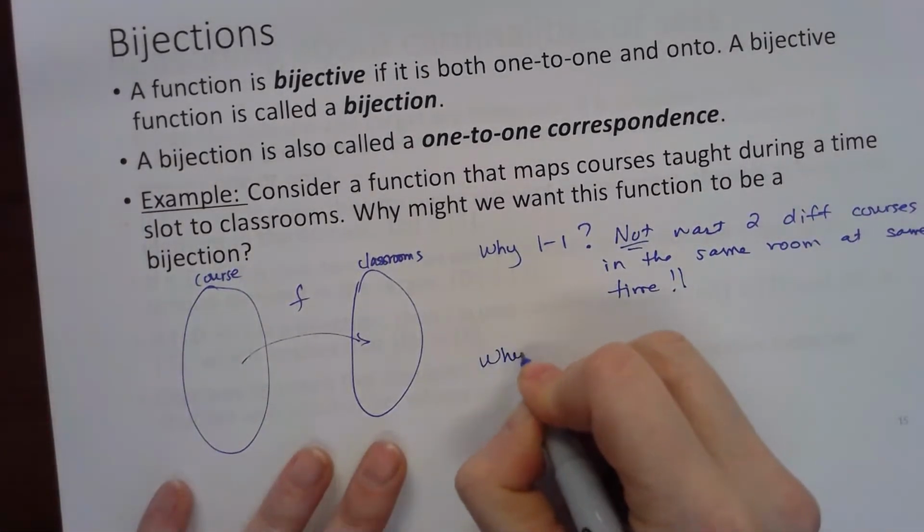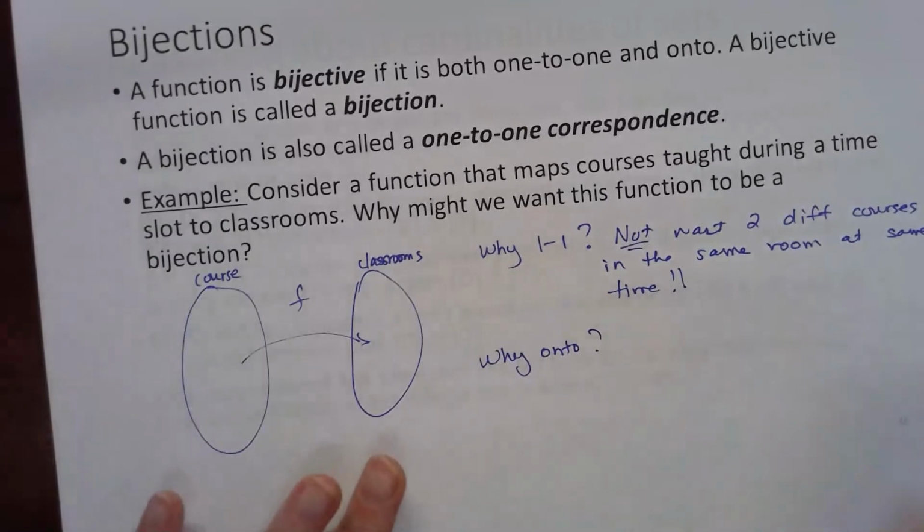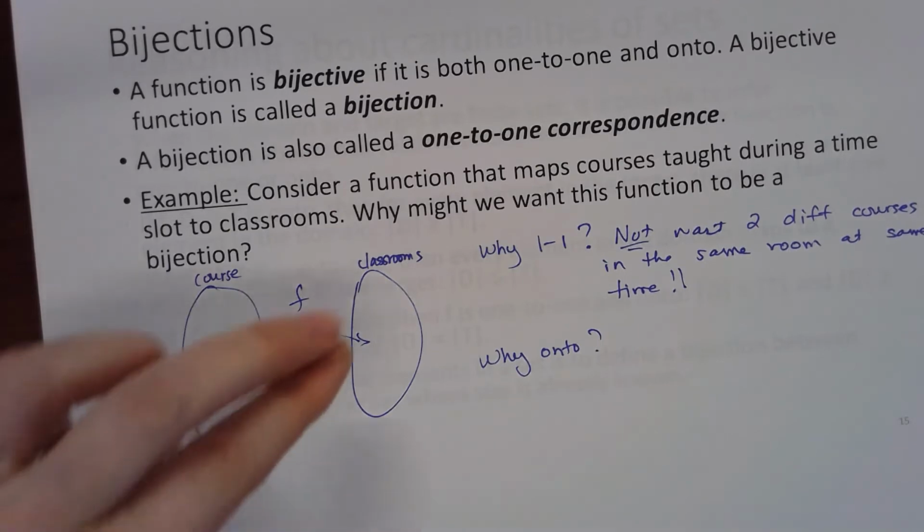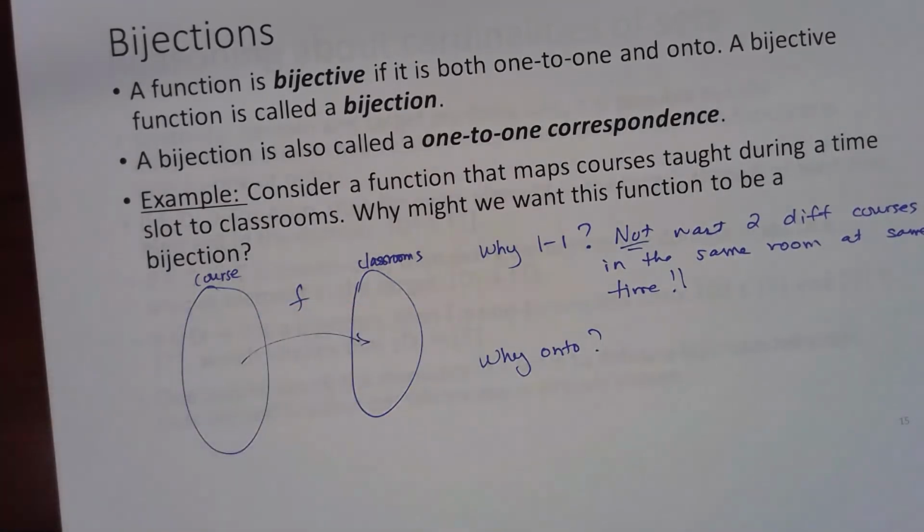Okay, and then why would we want it to be onto? Yeah, so we would like all of the classrooms to be used. Otherwise, it's a really bad use of our facilities if we have only two classes and then hundreds of empty classrooms.